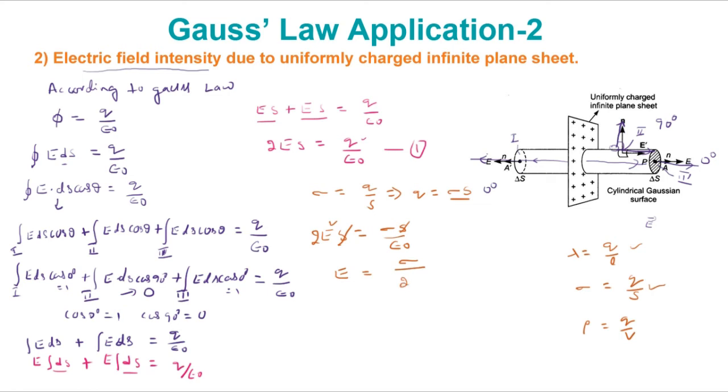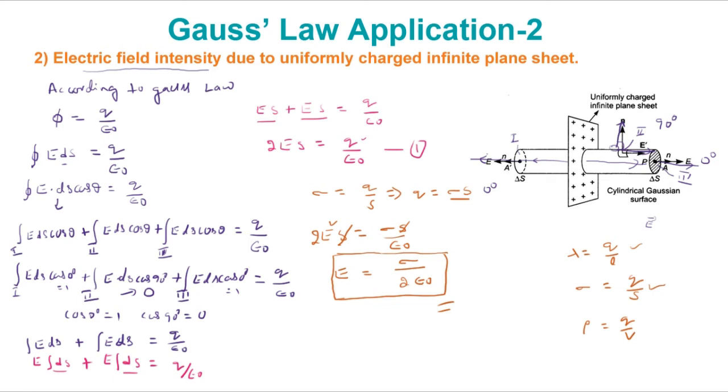So this is the final answer for our derivation of the electric field intensity due to a uniformly charged infinite plane sheet.